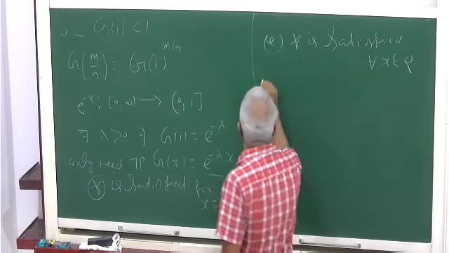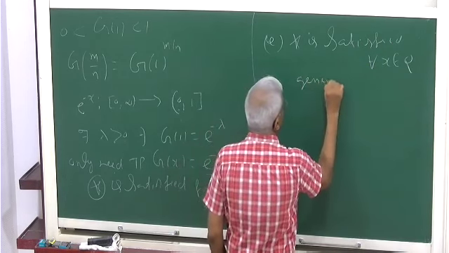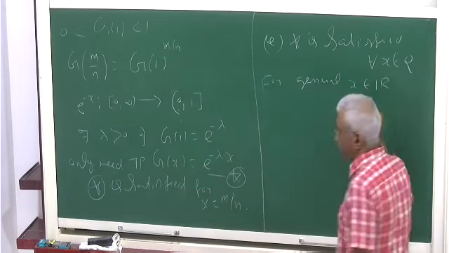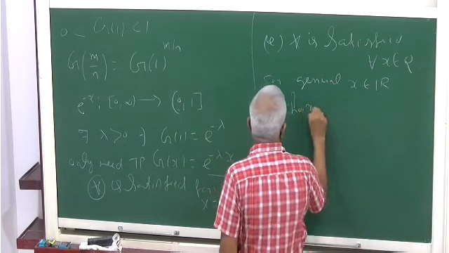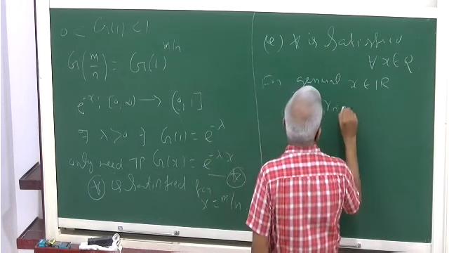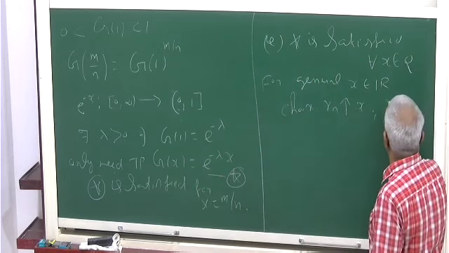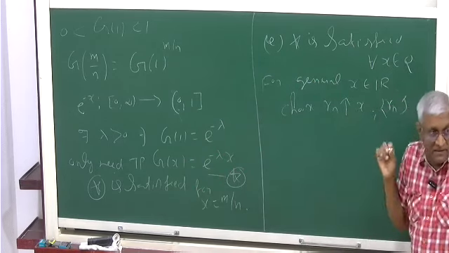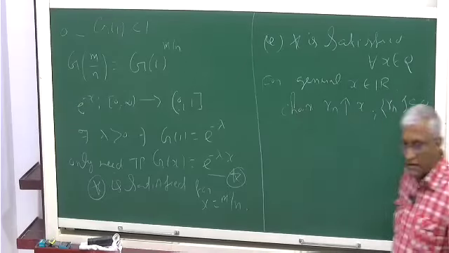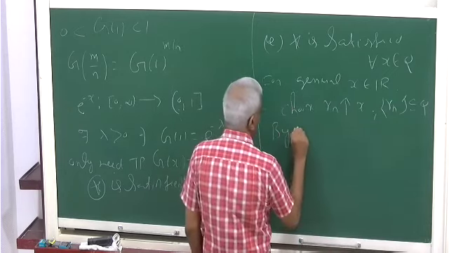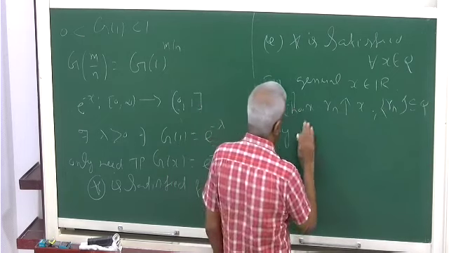So for general real x, choose rational Rn converging to x, because rationals are dense in real numbers. By right continuity, F is right continuous, so G is also right continuous.